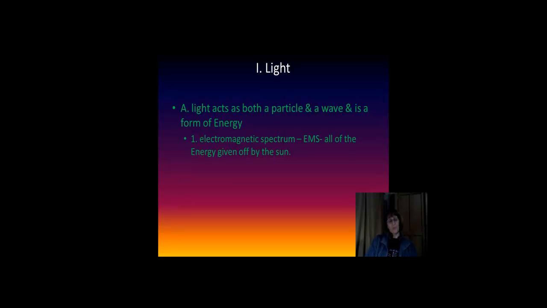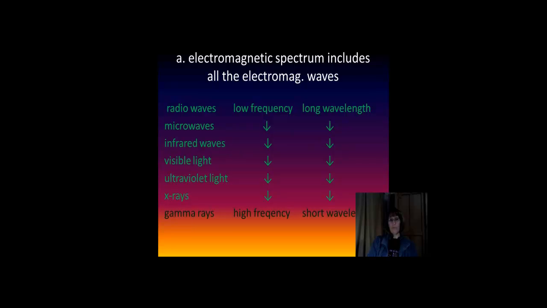Now, the electromagnetic spectrum. Usually when we talk about energy being given off by the sun, we humans are kind of focused on light because that's the part we can see. But there's a lot more given off by the sun than just the energy that we call light. And you guys know this stuff. The electromagnetic spectrum includes all of these waves.